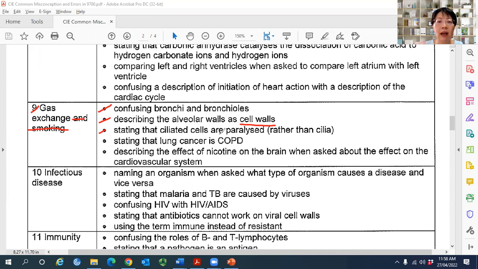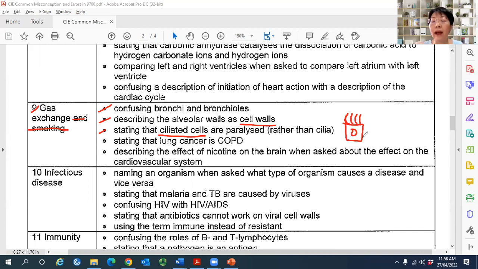Stating that ciliated cells are paralyzed. Hello, the ciliated cells originally already cannot move. How can you say it's paralyzed? It is the cilia that can be paralyzed, okay? It's not the cell. The cell originally already cannot move. Can you tell me what you mean by the cilia is paralyzed? Sorry, the cilia.